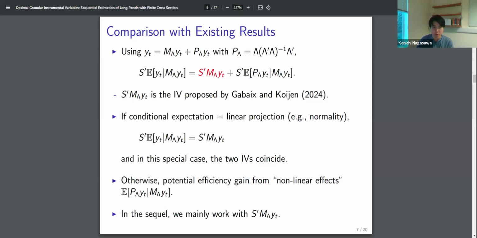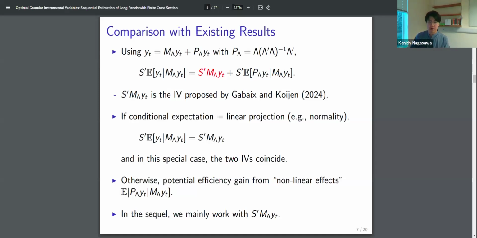Having made this decomposition, if we go back to our optimal instrument, the one on the left-hand side, you get the first part, which is just the share weighted sum of the M lambda y_t, because you condition on M lambda y_t, so this just comes out of the conditional expectation, and the other part is the conditional expectation of P lambda y_t given M lambda y_t.